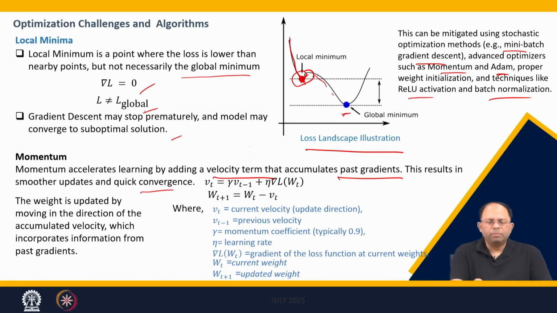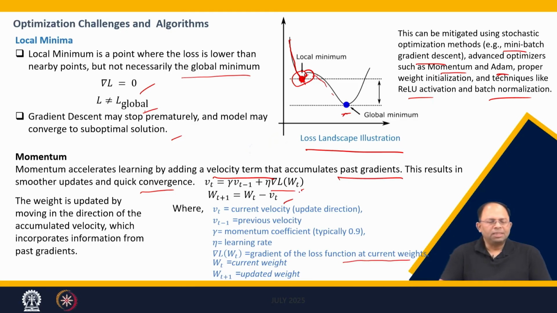This is given by this equation: Vt equals gamma Vt minus 1 plus eta times the gradient of the loss with respect to the particular weights. This is the gradient of the loss function at current weights, Wt is the current weight and Wt plus 1 is the updated weight, where Wt plus 1 is Wt minus Vt.